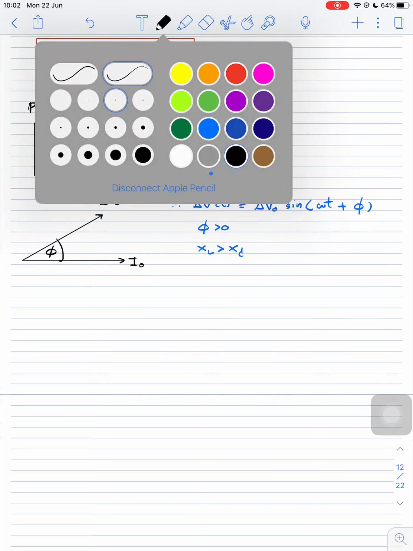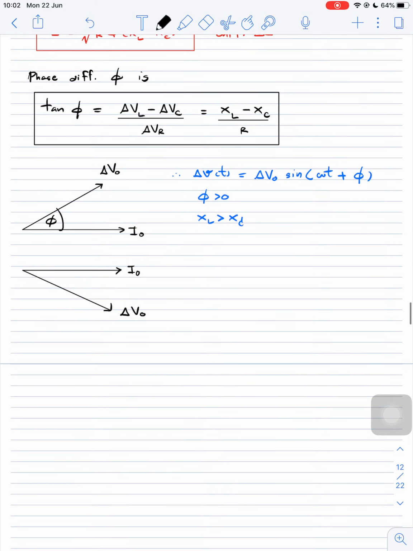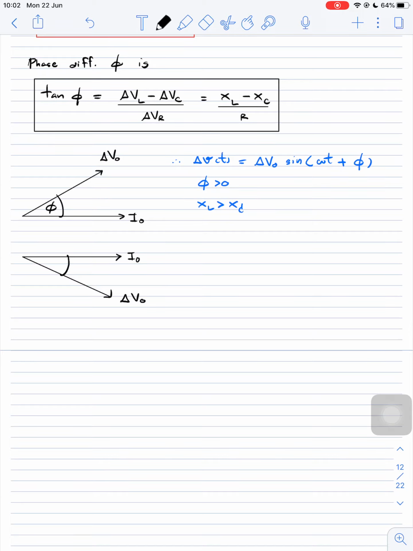But then in many cases, you can have something like this, where the phi is negative already.